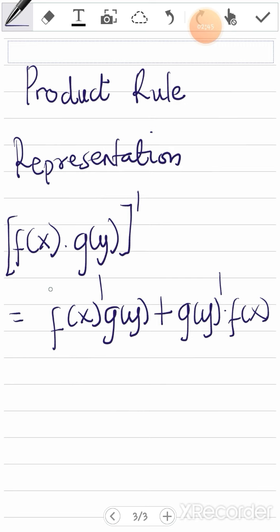So f of x and g of y, the differentiated ones, alternate.